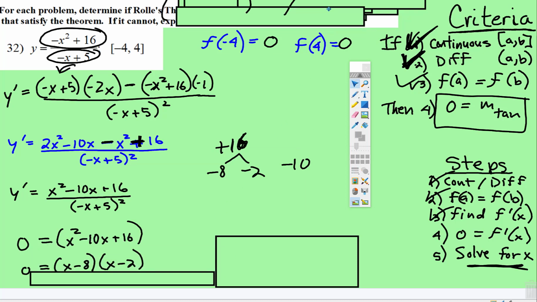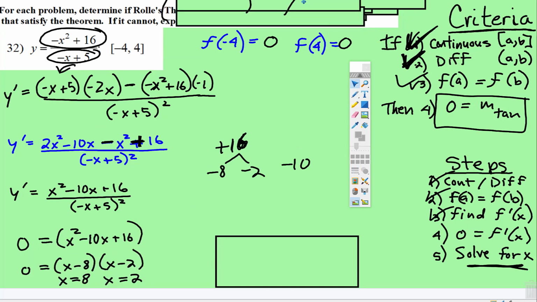So you put that in factor form, you solve those two x's. But now let's look at our interval. Our interval is between -4 and 4. Well, 8 does not fit in that interval, so x equal to 8 will definitely not apply, but 2 will fit in there.